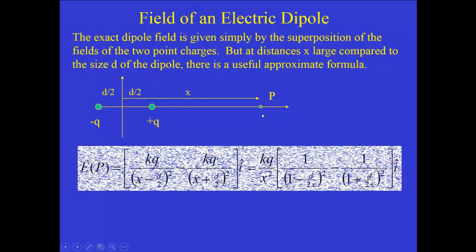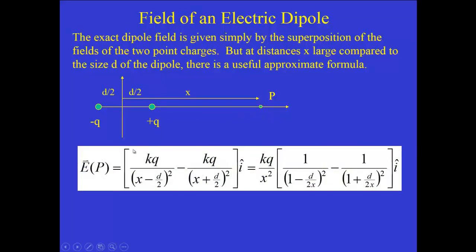We set the calculation up by writing down what the electric fields are at point P produced by these two point charges. They're separated by distance d as shown, and we're going to measure the position as x compared to the origin. So the distance that will appear in these equations is the distance from the center of the dipole to the point in question.